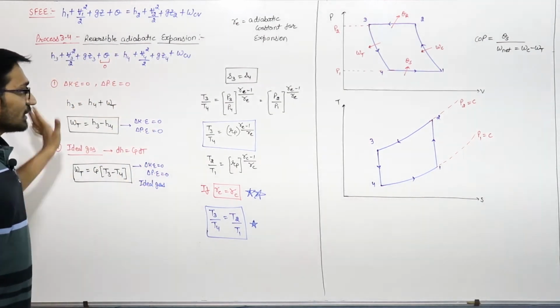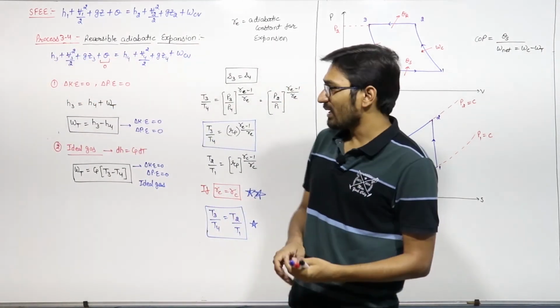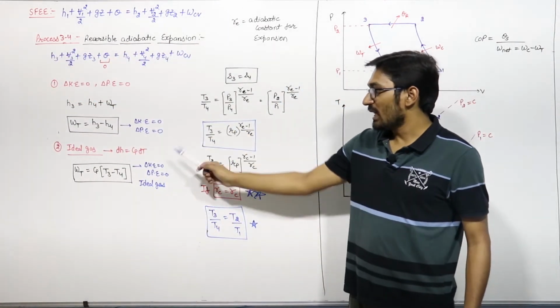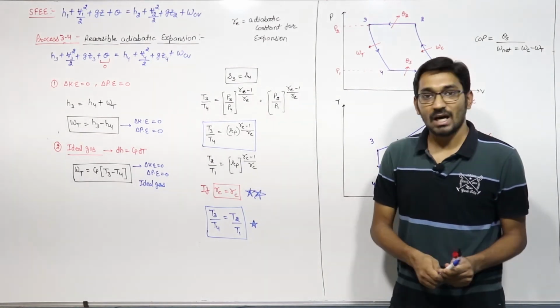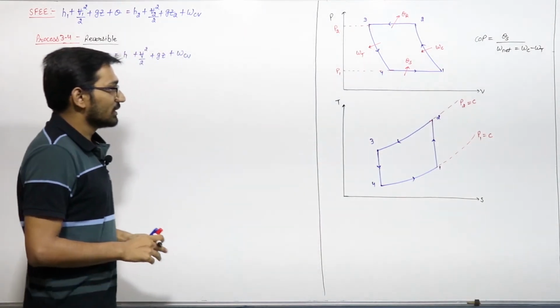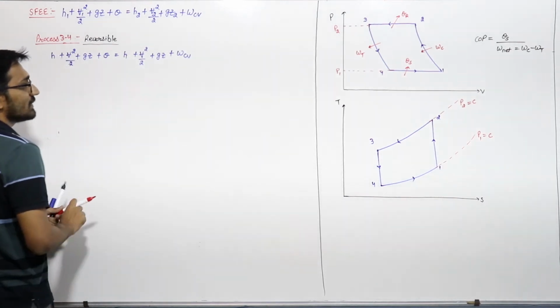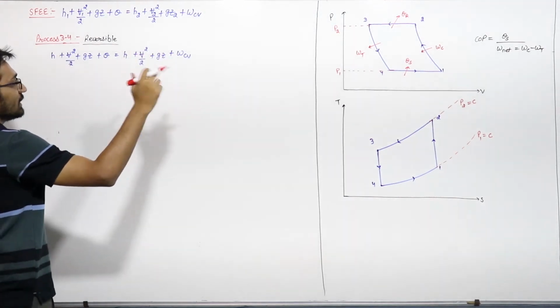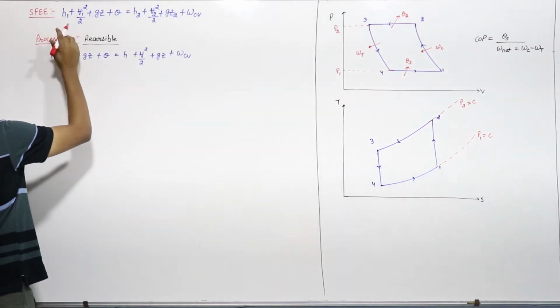So this is all about the process 3 to 4, right? What is the work done, which equations we are using, and when we use this equation, when gamma E and gamma C are equal. Now let us see the last process, that is process 4 to 1. We already saw the processes 1 to 2, 2 to 3, 3 to 4.